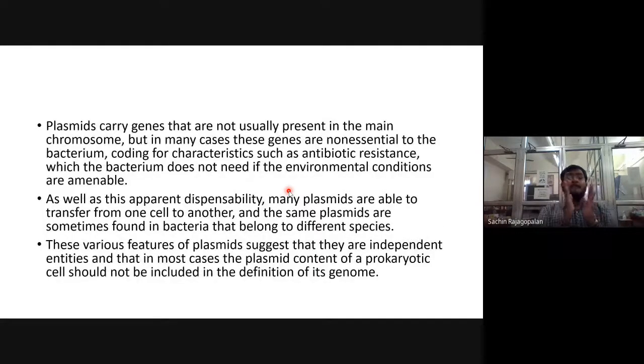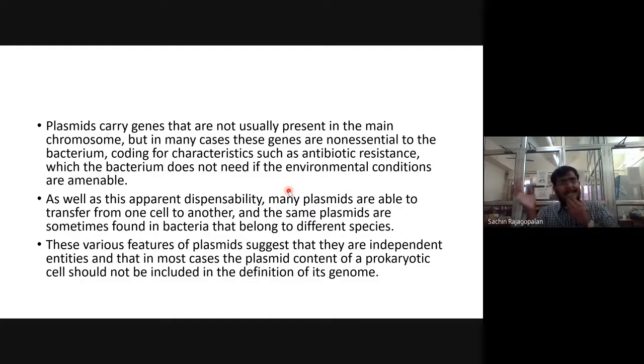Okay, plasmids normally carry genes which are not a part of the chromosomal genome. In most of these cases these genes are non-essential. मतलब plasmid नहीं रहेगा तो organism survive ही नहीं करेगा, ऐसा नहीं होता. क्योंकि plasmid normally special characteristics के लिए कोड करता है. Essential या survival characteristics के लिए कोड करने वाले plasmids बहुत ही rare होते हैं.